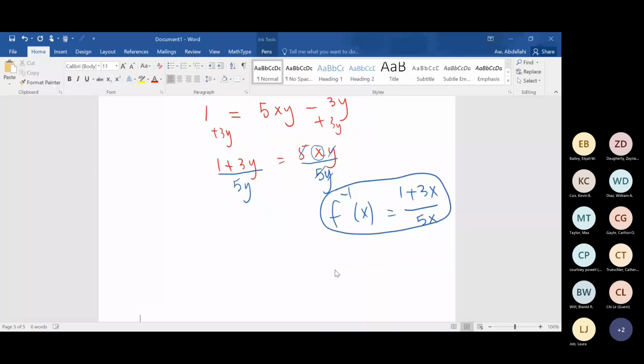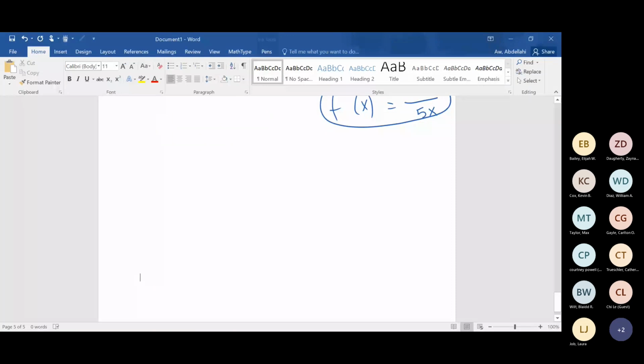Okay, go ahead, do this one right here. f of x... what is f minus 1 of x right here at the end? f minus 1 of x is equal to... Go ahead, I'll give you a couple of minutes to do that.